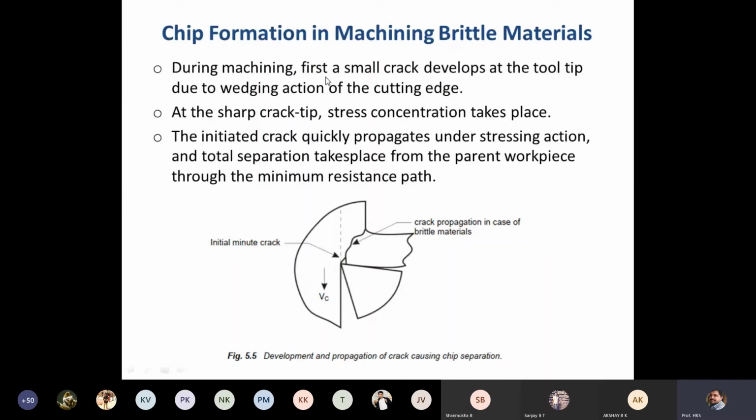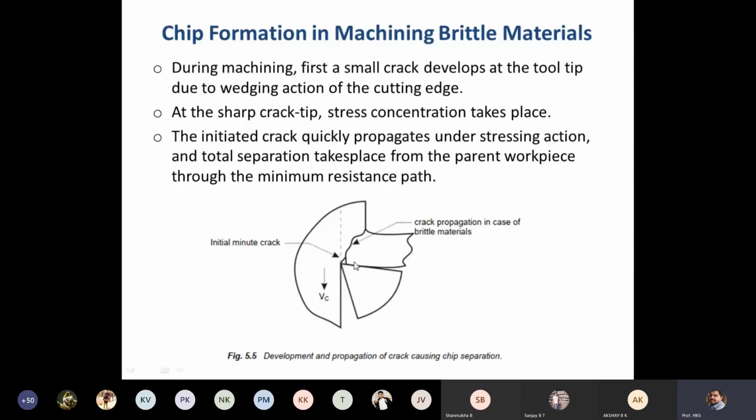During machining, first a small crack develops at the tool chip due to wedging action of the cutting edge. What do you mean by wedging action? Here also you are performing machining. First a small crack, here you can see, will be developed.